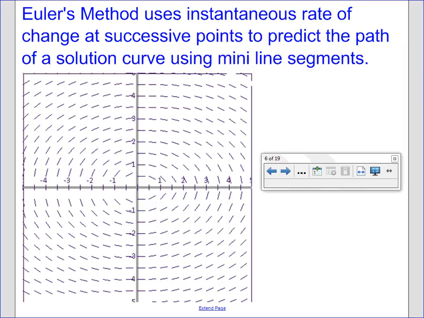Then, after one step, it'll calculate the instantaneous rate of change at my new point, reset my direction and push that leaf along again, using the instantaneous rate of change at my last known point. And so by doing this, it readjusts, mathematically, to continue pushing that leaf along using the last known slope value.